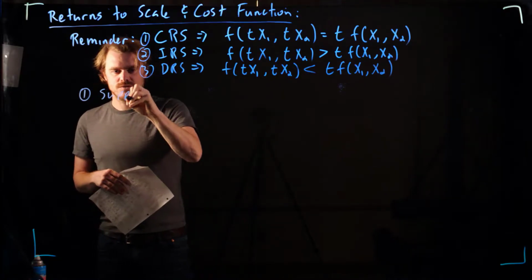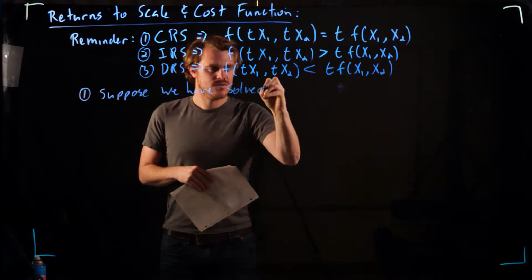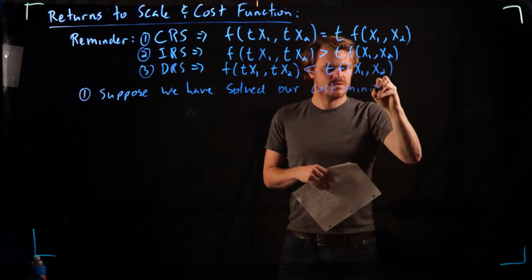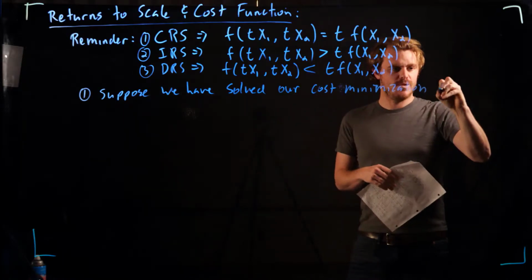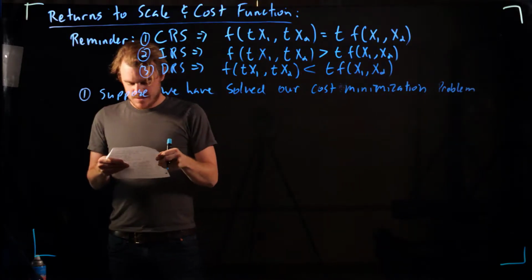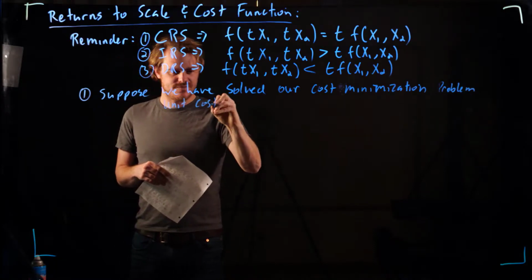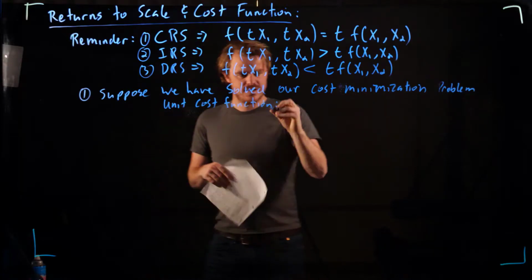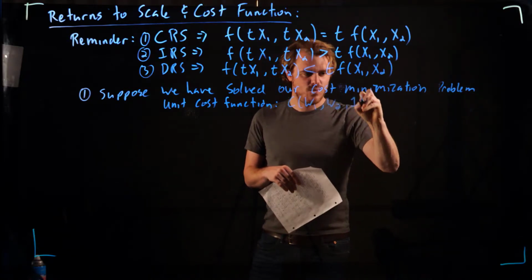So suppose we have solved our cost minimization problem, and we get some unit cost function, C(W1, W2, 1).